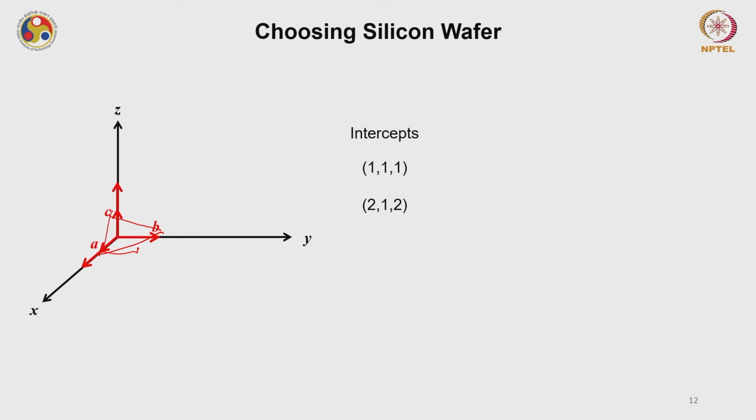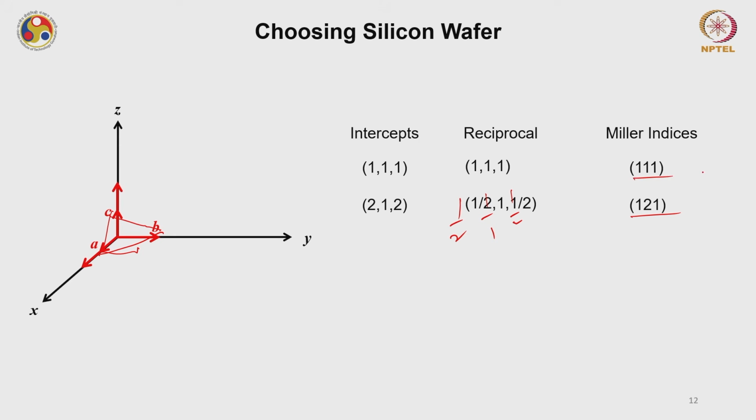Now if I take the reciprocals, I have 1 1 1, or 1 by 2, 1 by 1, 1 by 2. Miller indices are calculated by multiplying the reciprocals by their LCM. So for 1 1 1 it is simply 1 1 1, while for 1 by 2, 1, 1 by 2 I have 1 2 1. So this is the typical Miller indices for intercepts 1 1 1 and 2 1 2.